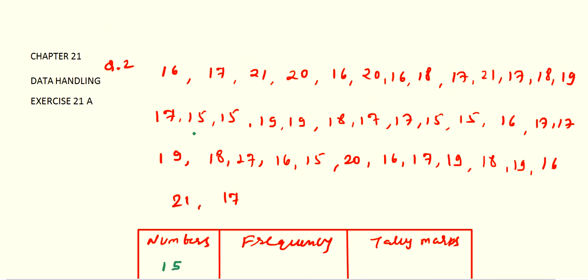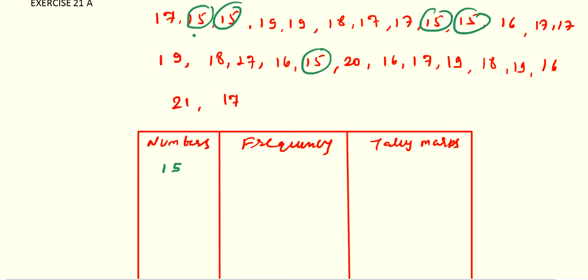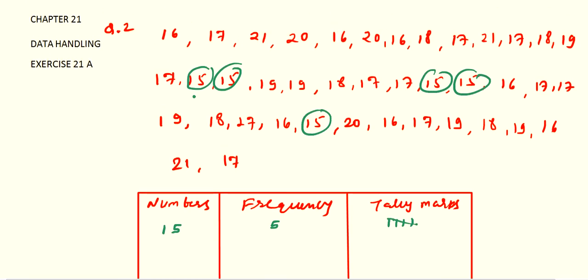Now we will count how many times we are having 15. 1, 2, 3, 4, 5. 5 times we are having. So our frequency is 5. Tally marks are 1, 2, 3, 4, 5. And this table is your frequency distribution table.